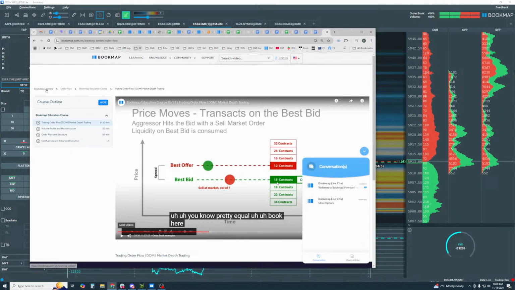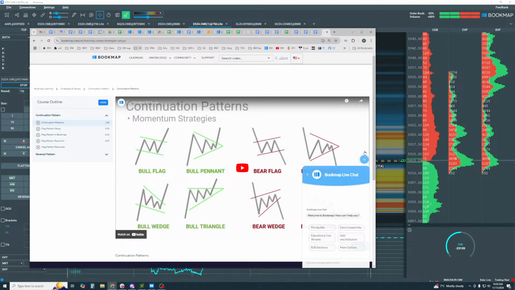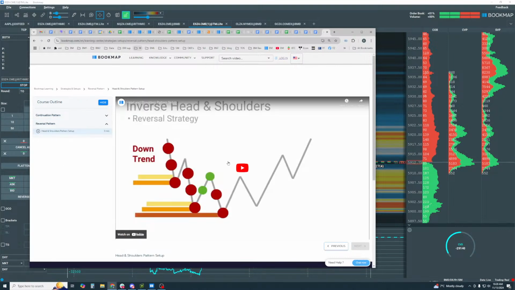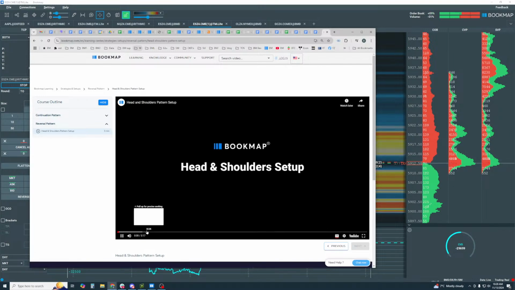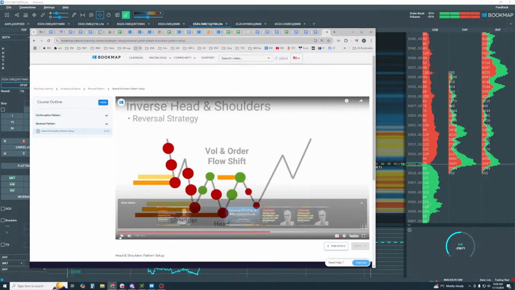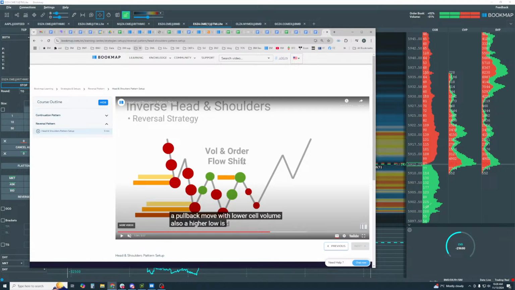Another thing to go check out is the strategies and setups. We have one here for reversal in a diagram form. Let me just open it up here and show you what we're looking for in this live market right now. A higher low is what we're looking for, this transaction to unfold here.